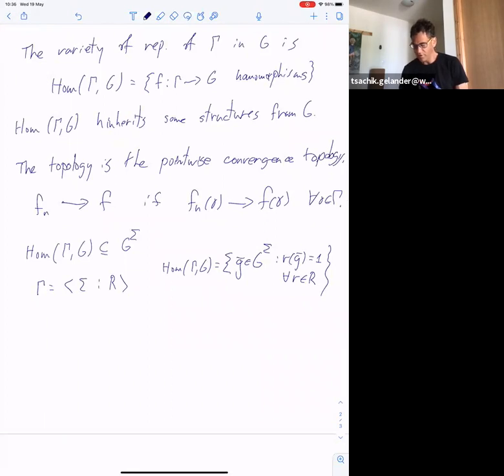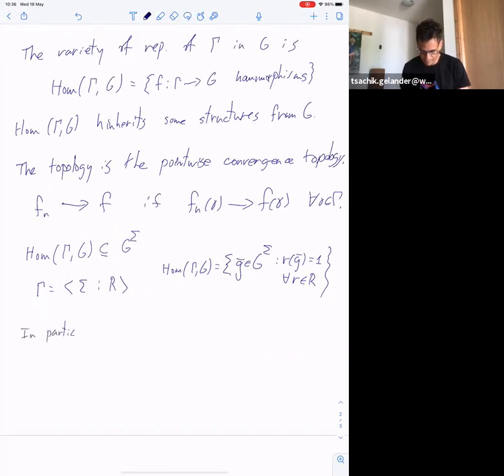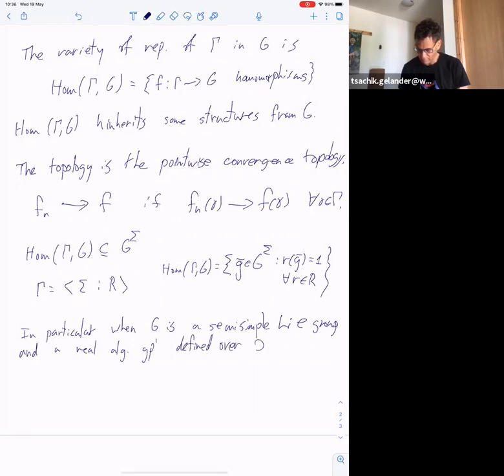So okay, that's enough for us. So in particular, when G is a semi-simple Lie group and Q-algebraic, let's say a real algebraic group defined over Q, I mean, it's an algebraic group, a group of matrices with polynomials that determine it as a variety defined over Q, but I consider the real points of it.